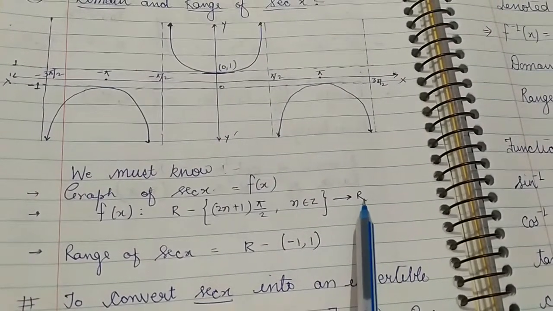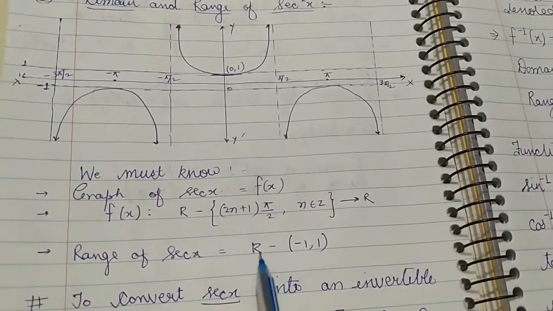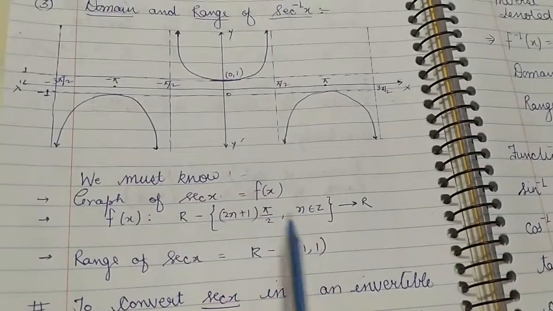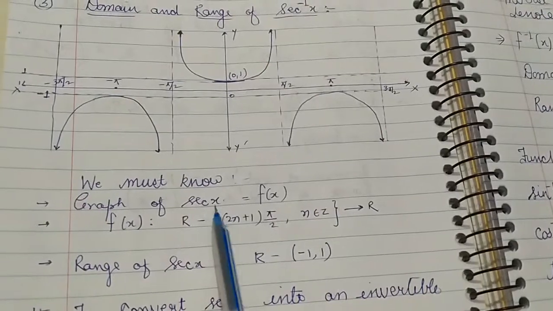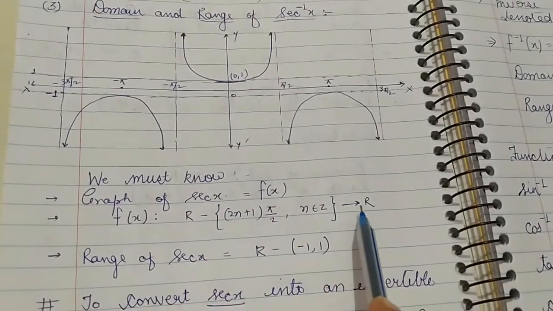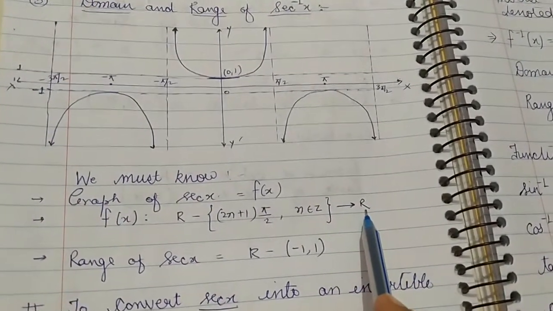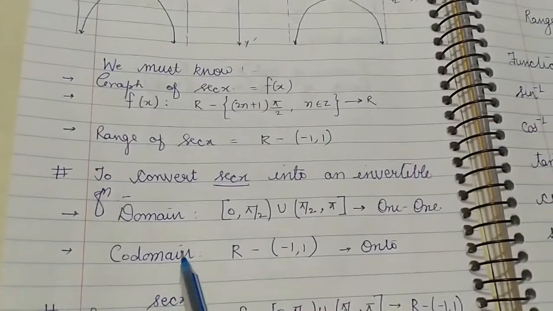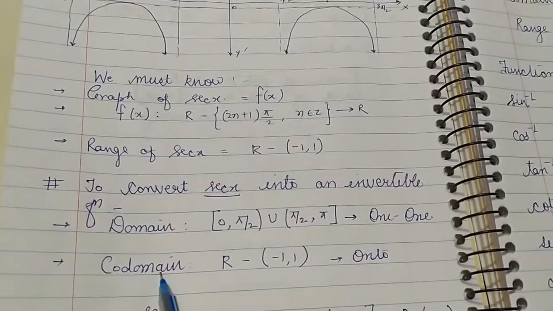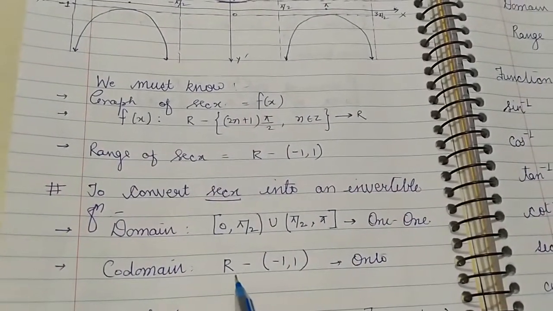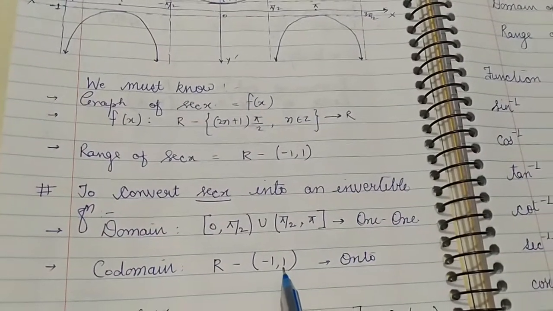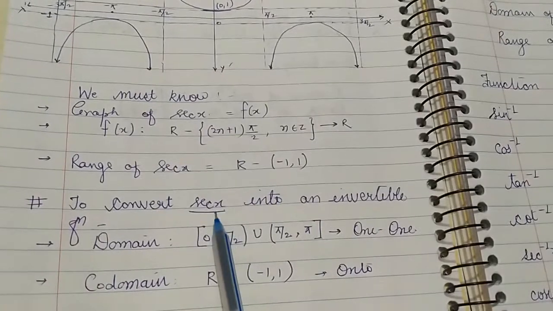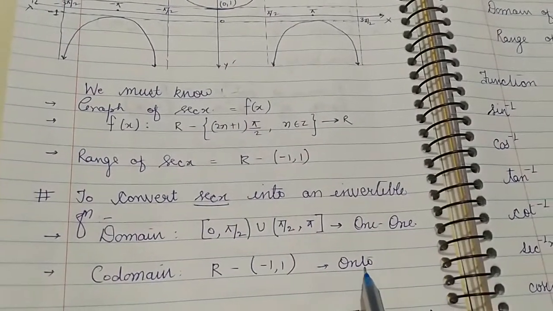If the codomain of this function is replaced by this one, then the function sec x will become an onto function as range is equal to the codomain. Therefore, the codomain of sec x must be replaced by R minus (minus 1 to 1) to convert this function into an onto function.